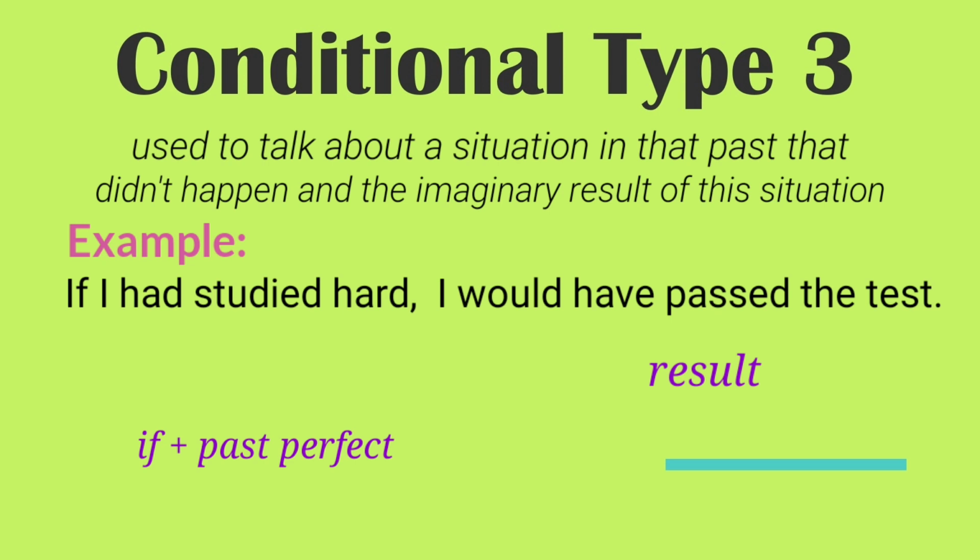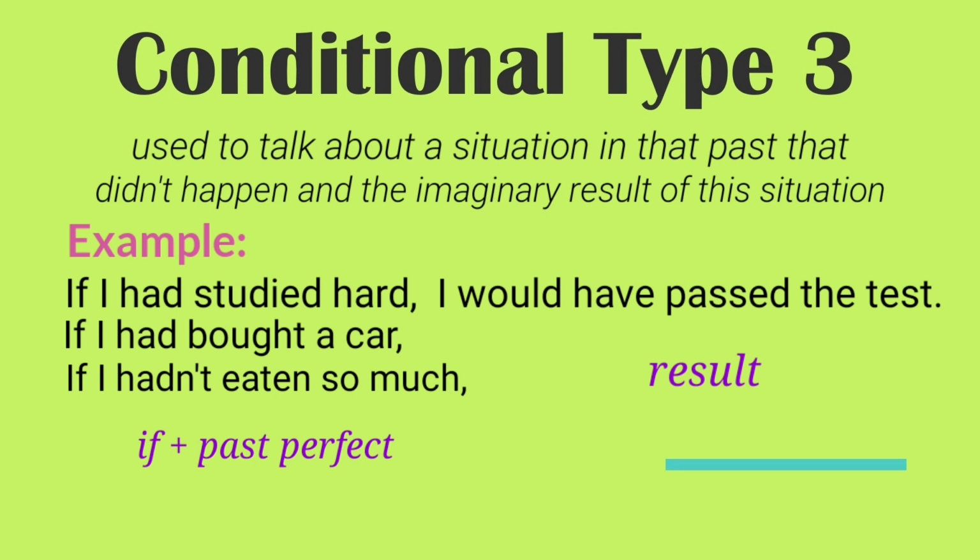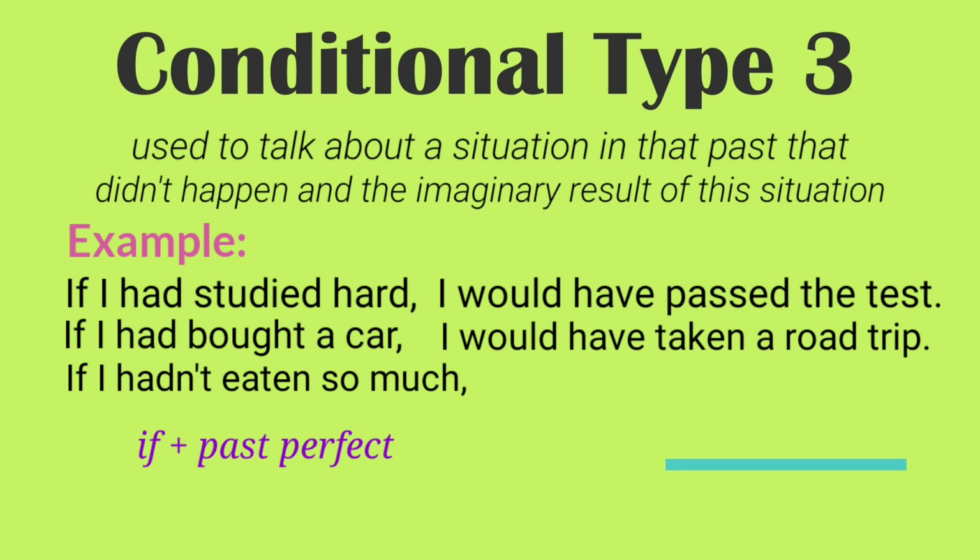For example, if I had studied, if I had bought a car, if I had not eaten so much. Note that these are unreal conditions in the past. And if these conditions were met, I imagined I would have passed the test. I would have taken a road trip. I wouldn't have been sick. But then again, none of these happened because they're just my imagination. Things I regret doing and not doing.